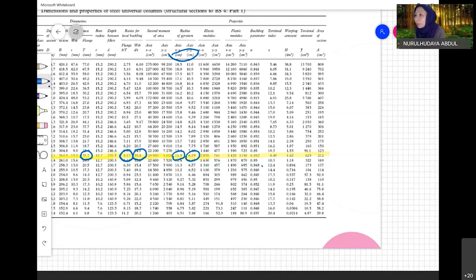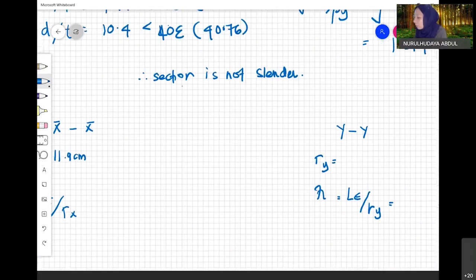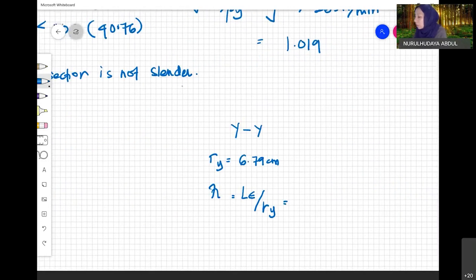Normally kita akan convert to millimeter ataupun meter. Okay. Kita tukar dia into millimeter which is 119. And this one also 67.9.